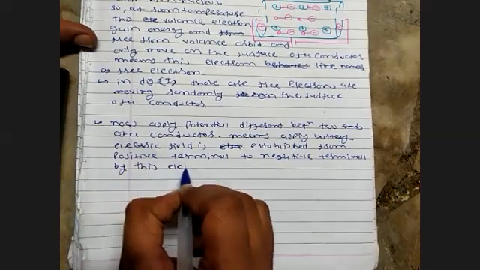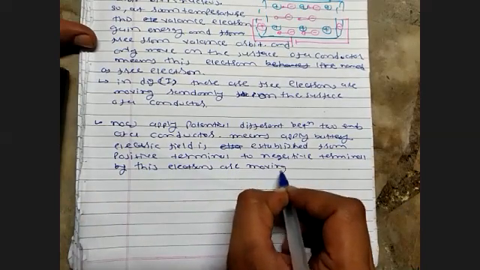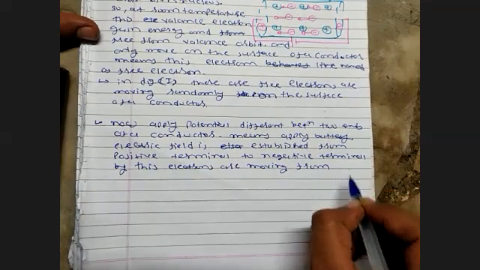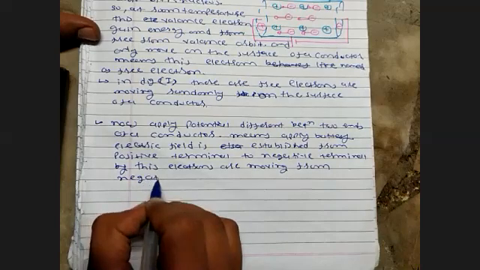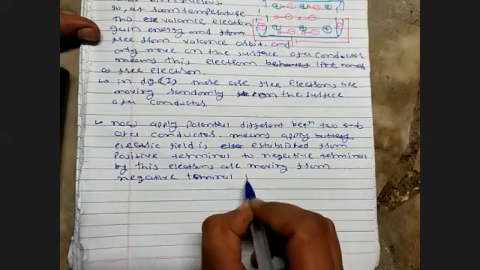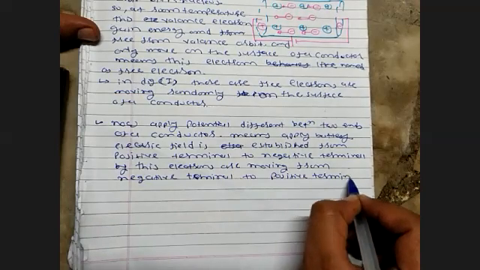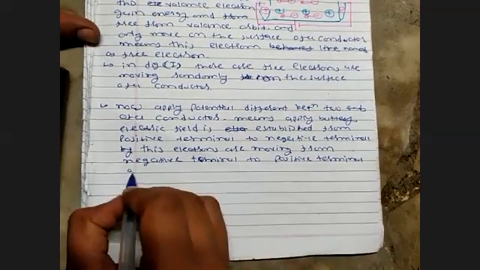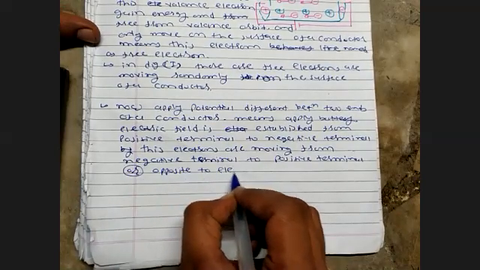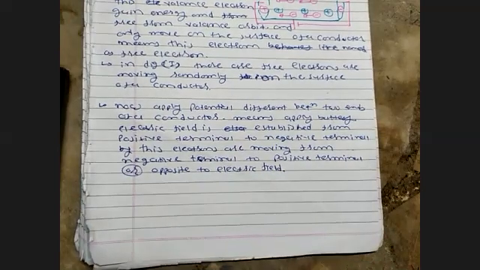The electrons move from the negative terminal to the positive terminal, opposite to the electric field. That is the key point.